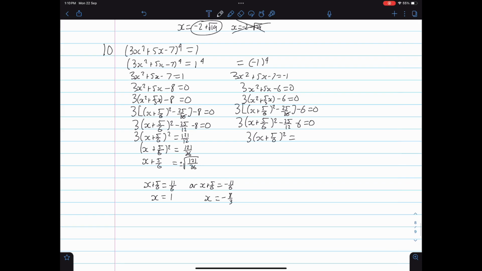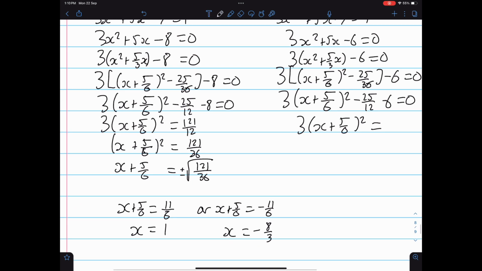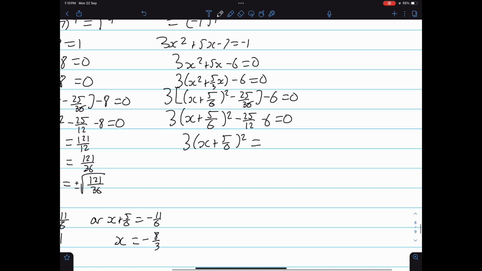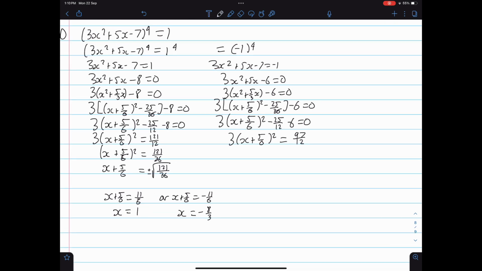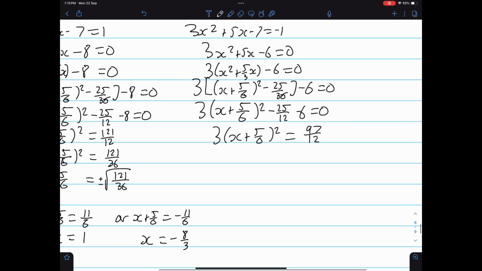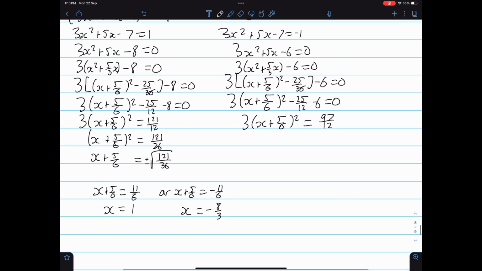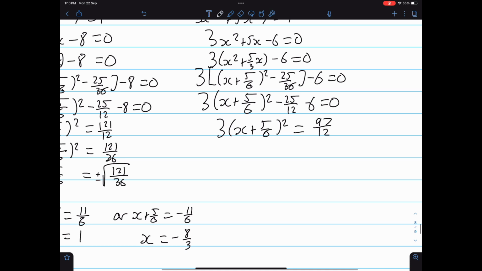And we just need to get rid of 2 lots of 36 over here, I think. That's 97 over 12. And so this will give us, and then we must divide.